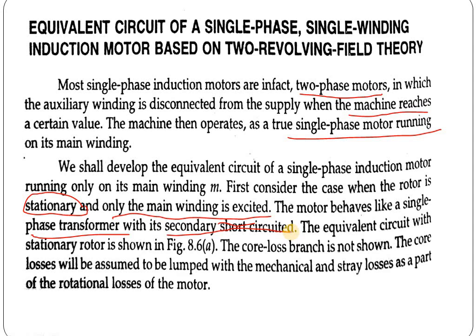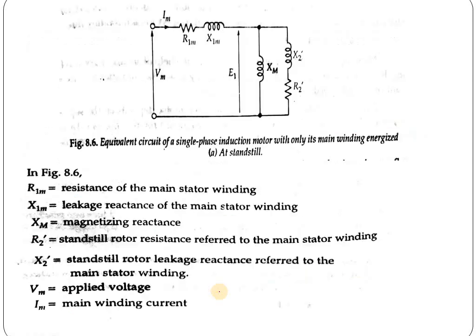The equivalent circuit for the stationary rotor we will show in our next slide, and here the core loss branch we will not show. The core loss will be assumed to be lumped with the mechanical and stray losses as part of the rotational losses of the motor. So definitely the equivalent circuit of single phase induction motor will be similar to the equivalent circuit of a single phase transformer.